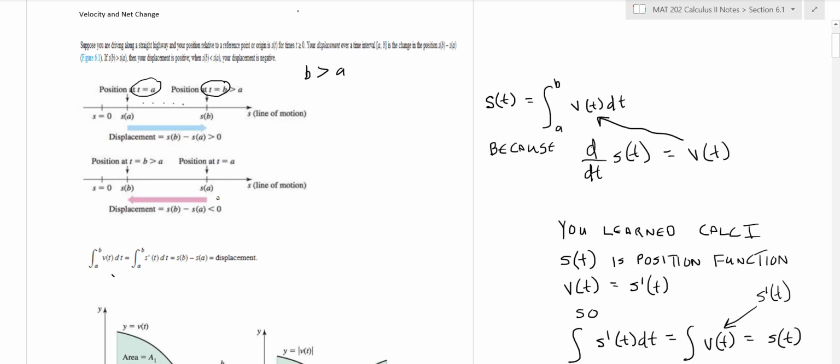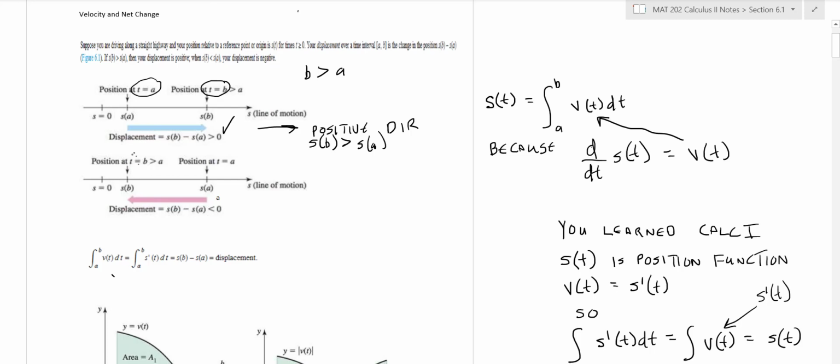If you're going in a positive direction, then you have a positive displacement. The time b is bigger than a, and also s(b) is greater than s(a). It doesn't have to be that way, but it is if you're going in a positive direction like this.